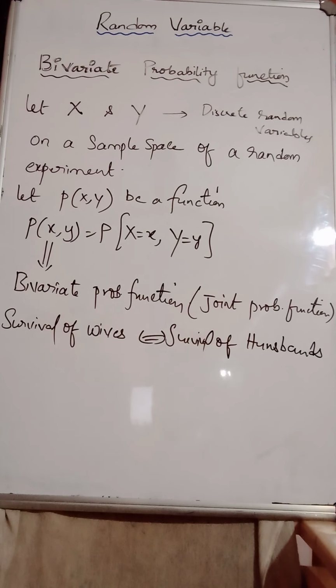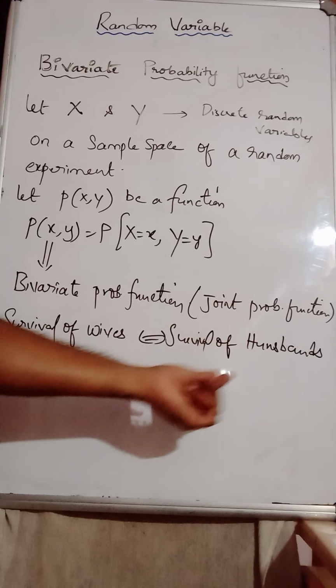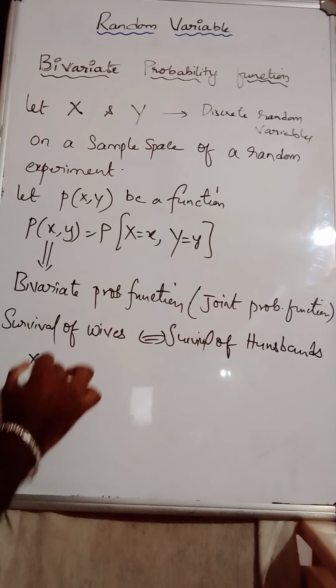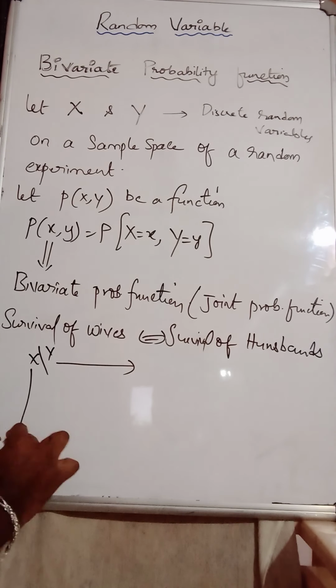So you can take it. Let us consider two variables, survival of husbands and survival of wife. Right. So this way, what is the survival age of wife? What is the survival age of husband? Together the bivariate, taking x values and taking y values.